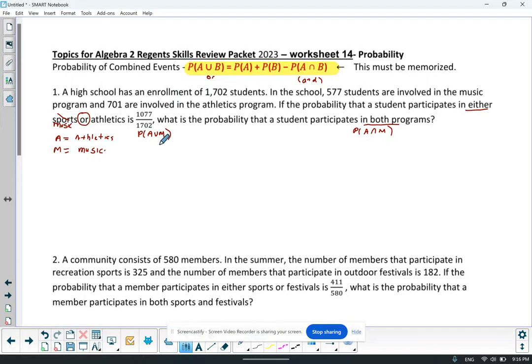Okay, so because I see that A or M, again, when you hear either, think or, then I know I'm going to use, this is called the general addition rule. So I'm going to always write out the rule on my paper because that's going to help me memorize it.